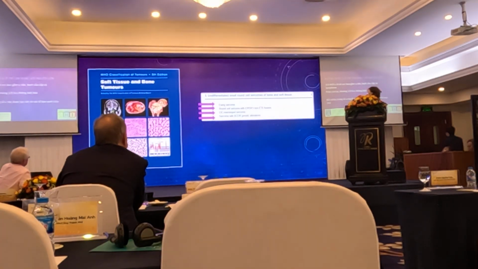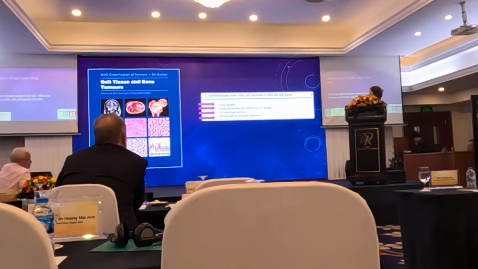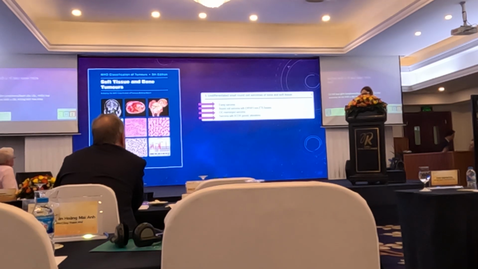So for the purposes of the talk, I'm going to restrict myself to undifferentiated small round cell sarcomas of bone and soft tissue. And really these come in 4 major categories. We have Ewing sarcoma, or classic Ewing sarcoma. Then we have a number of other entities which have been historically described as Ewing-like.